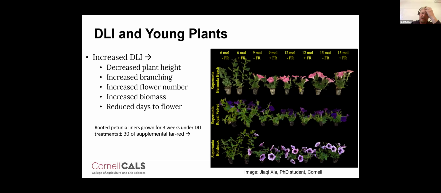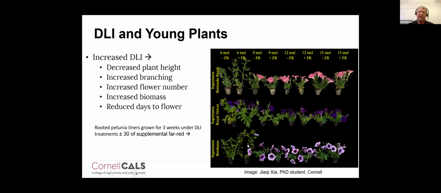In this particular study, we also wanted to see if there were benefits of adding far red light. So we added a small amount of far red during the day period. During a 16 or 18-hour photoperiod, we added 30 micromoles per meter squared per second of far red. And sunlight also has a bunch of far red. Under a background of low sunlight, our 6-mole treatment, we saw further stretching of the plant, so more shade avoidance response.